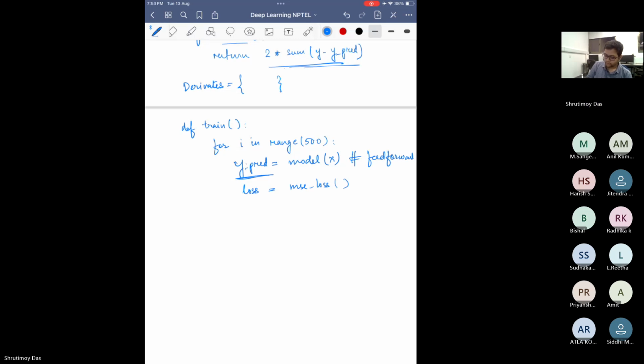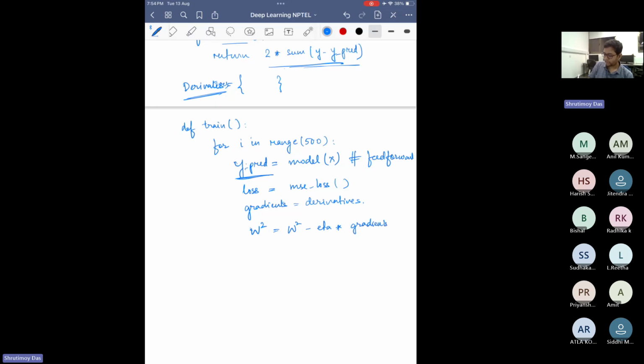Then I get the gradients from these derivatives that I have. Now I will do the gradient descent update step. So we will have W2 equal to W2 minus some eta times your gradients.